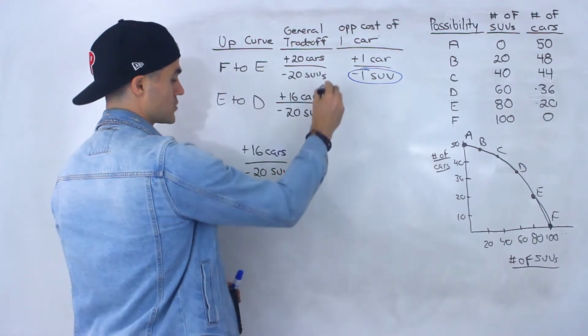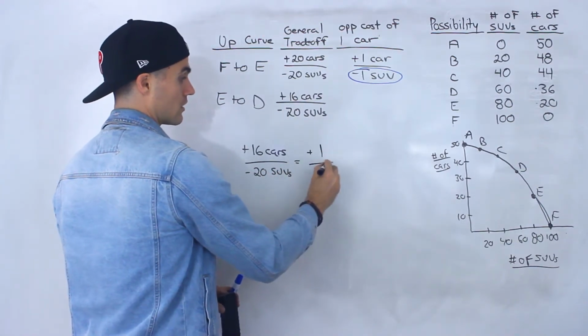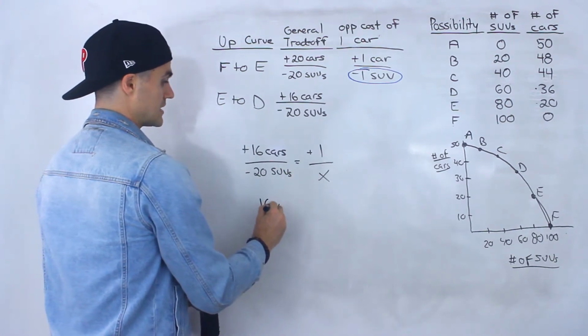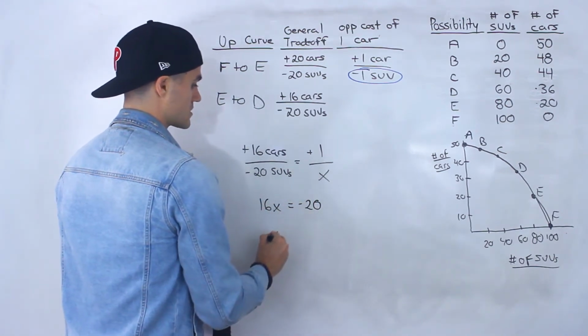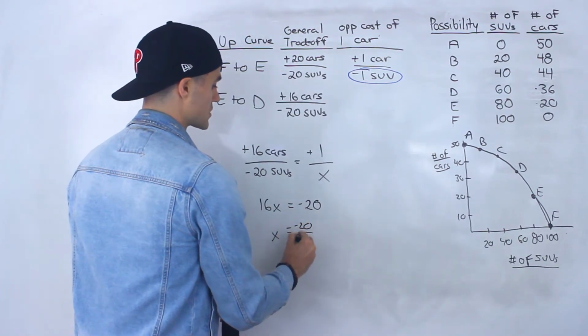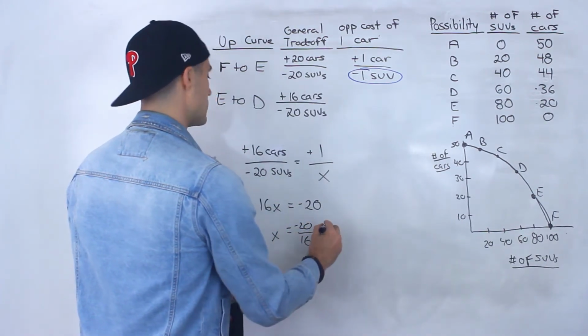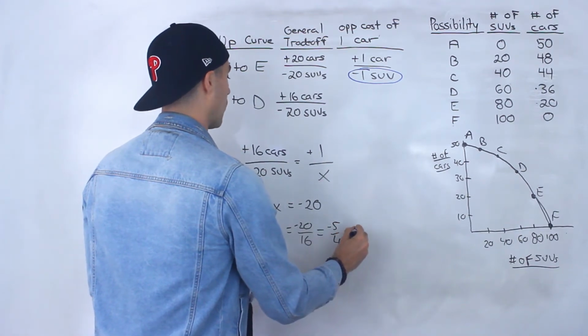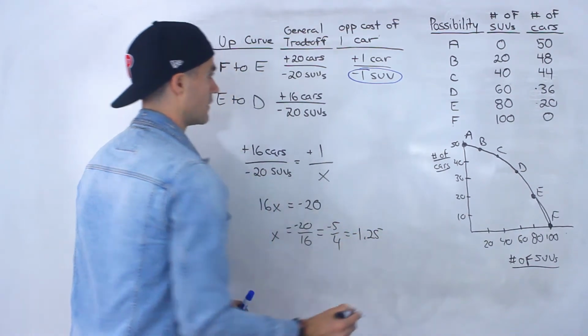Well, if we want the opportunity cost in terms of one car, we have to solve for this x value here. And so we would have 16x equals negative 20. So x would be negative 20 over 16, which is negative 5 over 4, or negative 1.25.